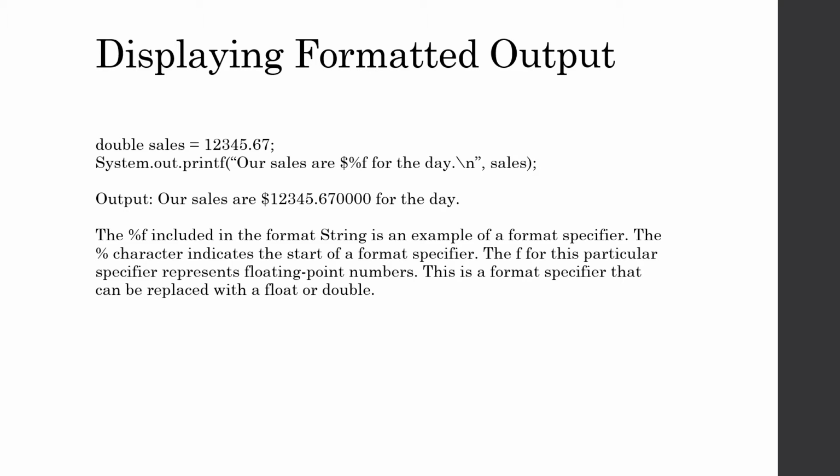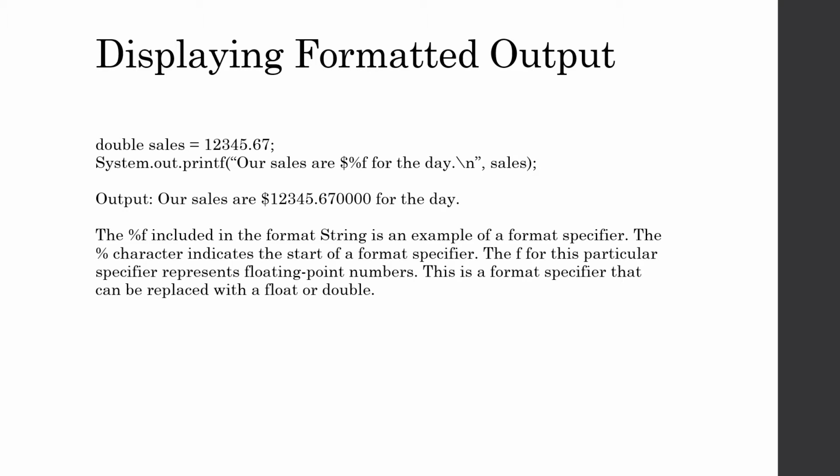So to break down the different parts here, the %f included in our format string is an example of a format specifier. The % character indicates the start of a format specifier. This is essentially like the backslash character, particularly for formatted strings. Whenever you're using the printf method, you're going to use the % as a sort of escape character, saying that this is the part where we're going to start specifying one of these placeholders.